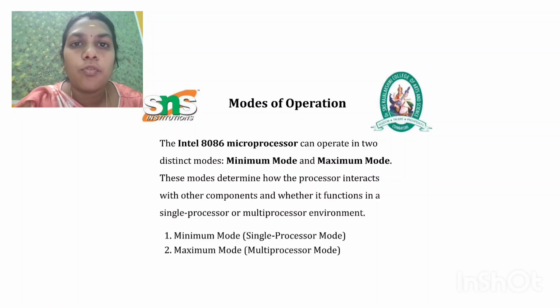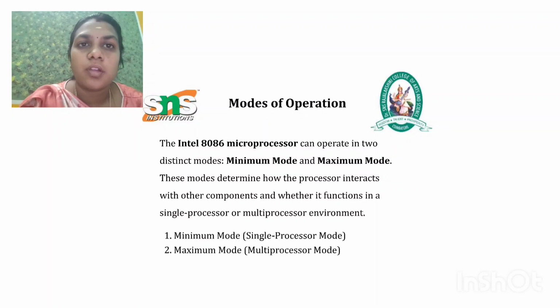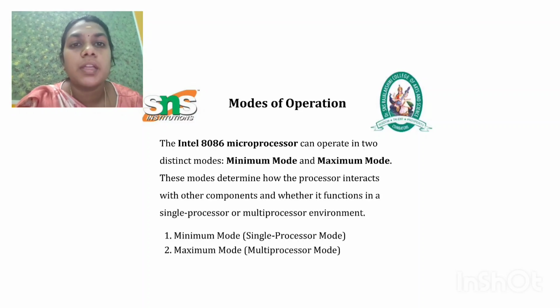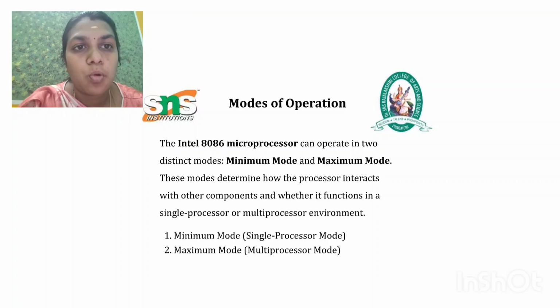And then modes of operation. Two modes are there: the first one MN, the second one MX. MN is the minimum mode and MX is the maximum mode signal. The Intel 8086 microprocessor can operate in two distinct modes, the minimum mode and maximum mode.